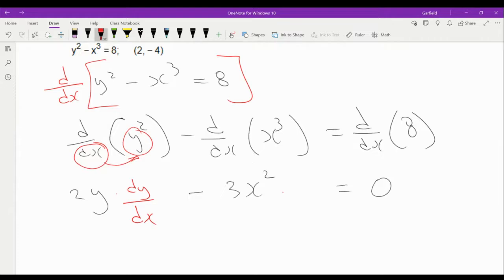Now for the x, here you'll notice the variables are the same. So when we take the derivative here, theoretically it's dx by dx, because it's a change in x over the change in x. Now what's dx over dx equal to?